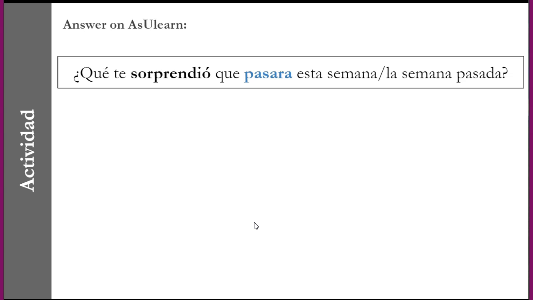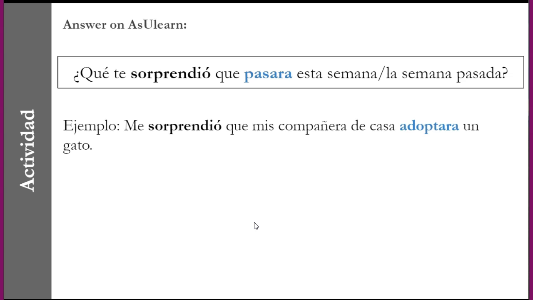What happened that surprised you this week or last week? Me sorprendió, ejemplo, this is my example, que mi compañera de casa adoptara un gato. It surprised me that my housemate adopted a cat, for example.